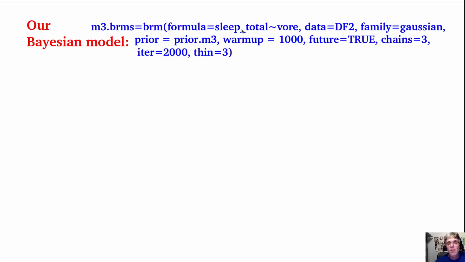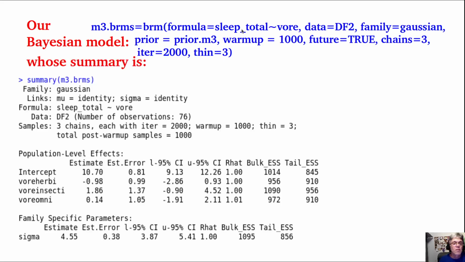The formula for the model is pretty similar to the one that we showed in the previous video on the t-test, and therefore I'm not going to comment further on it.